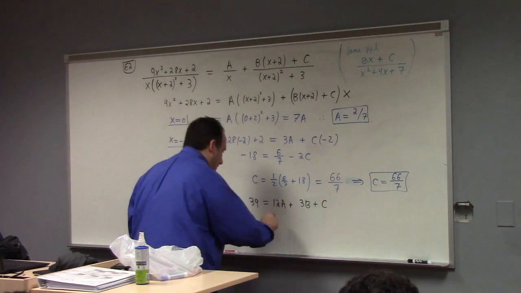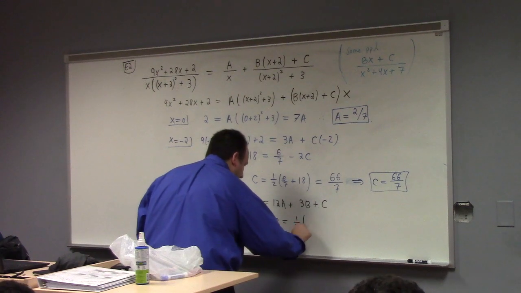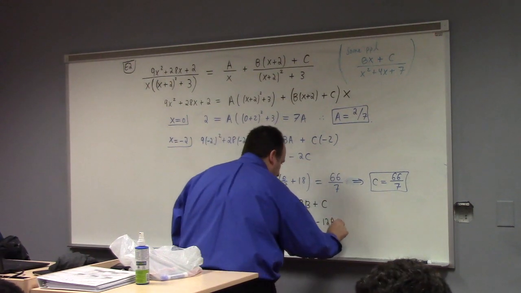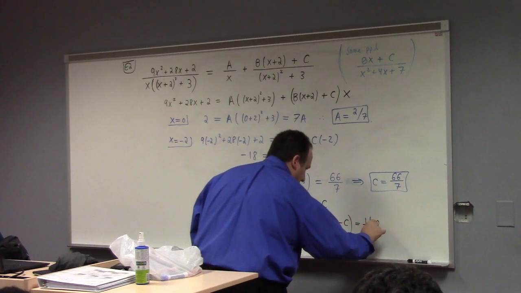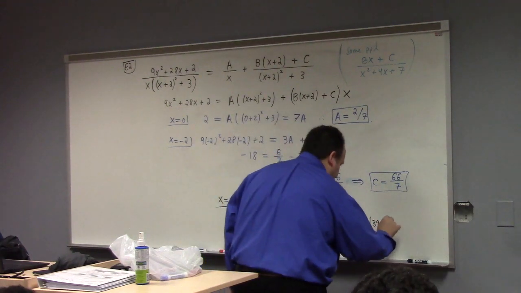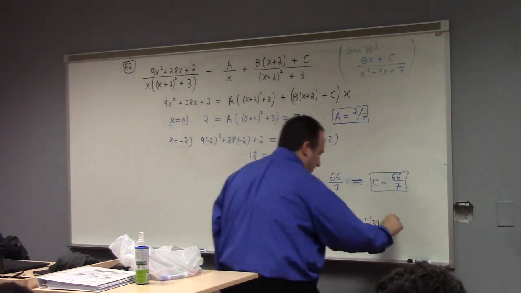So we're trying to find b. This gives us b is equal to 1/3 of 39 minus 12a minus c, which is 1/3 of 39 minus 24 over 7 minus 66 over 7.